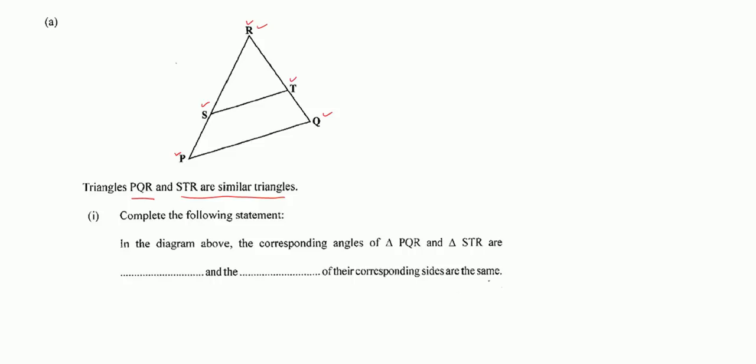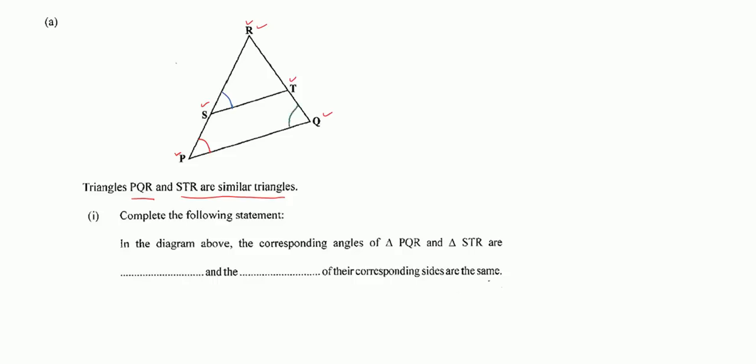Alright, so let me show you something here. I'll try to use two different colors. If we look at the bigger triangle PQR, this angle here will be equal to this angle here because the two triangles are similar, right? Let me try a different color again.